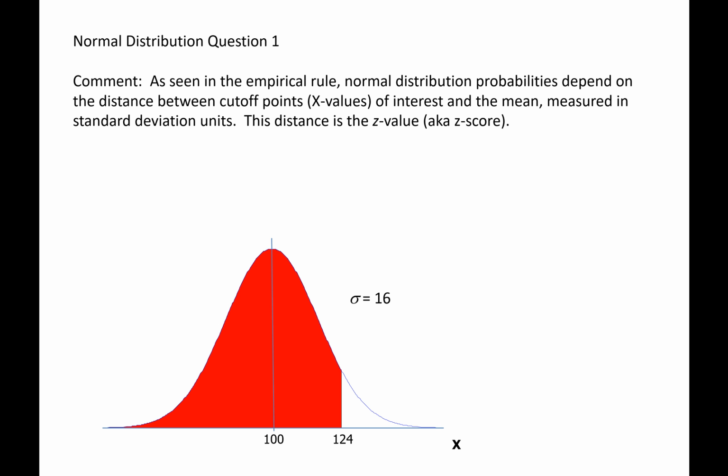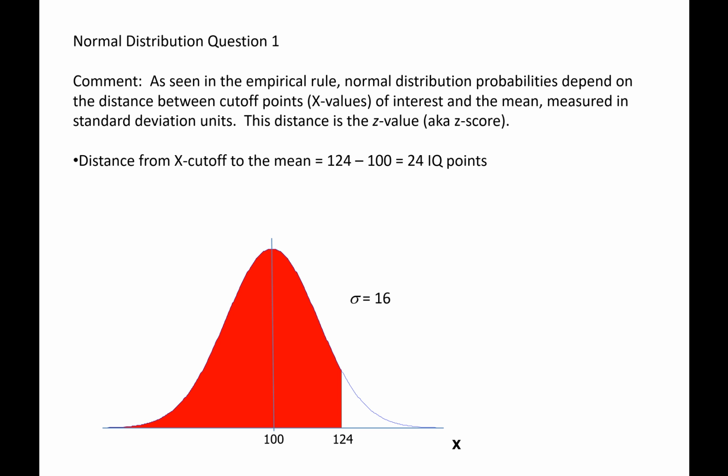Let me just make a comment here. You should be familiar with the empirical rule by now, which basically just says the distance between the mean and the point of interest measured in standard deviations is going to give us the probability that we're interested in from a normal distribution. And this distance is called a z-value or a z-score.